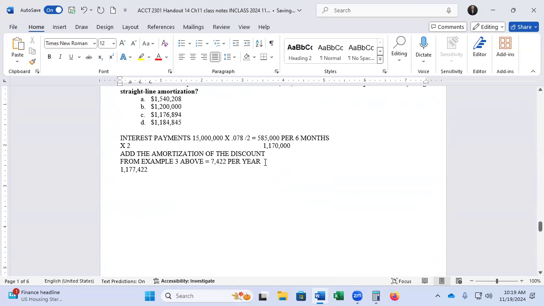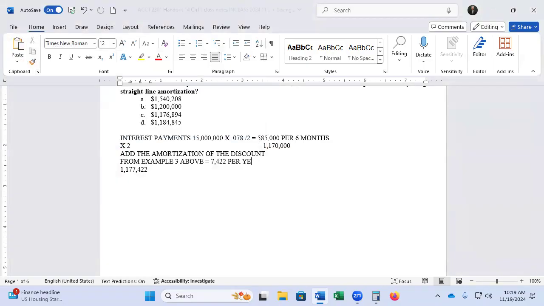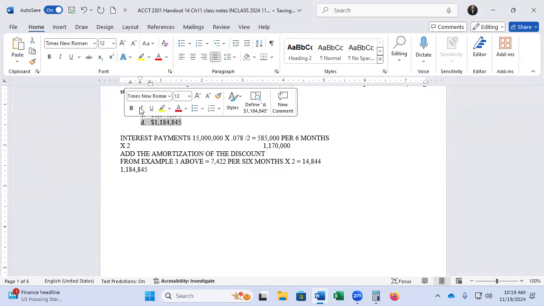It's not per year, that's per 6 months. We'll multiply by 2. And that equals 14,844. So 1,184,845 is our answer.